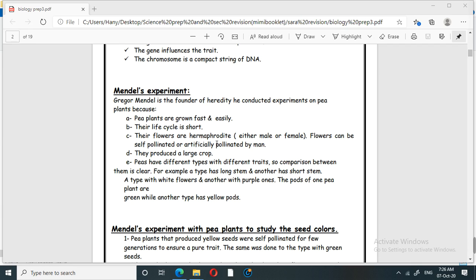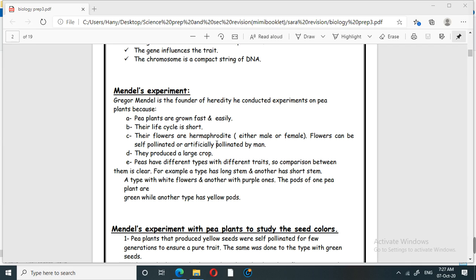As we studied before in prep 2, when the anther matures, the pollen grains transfer from the male reproductive organ, the anther, to the stigma of the female, making the seed.